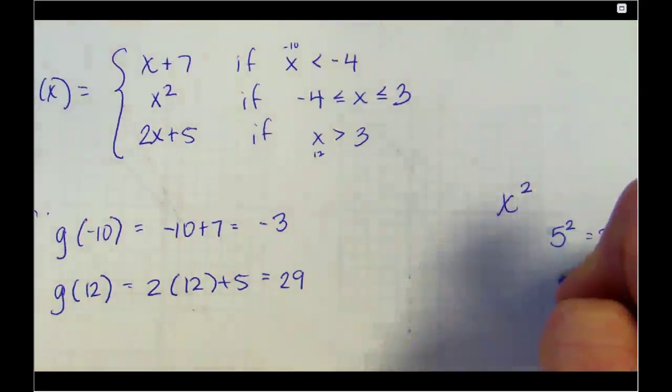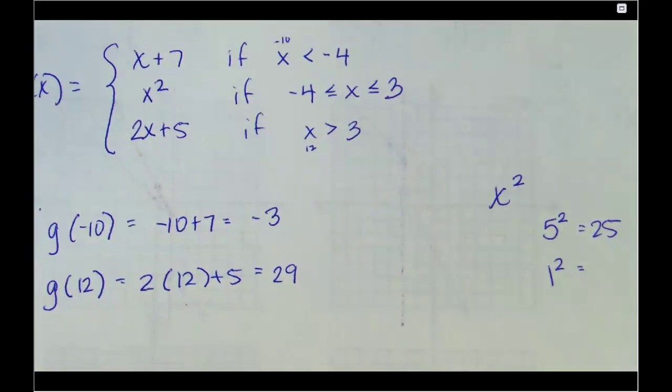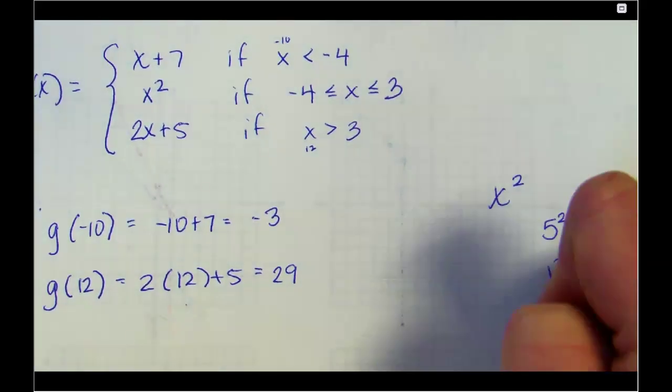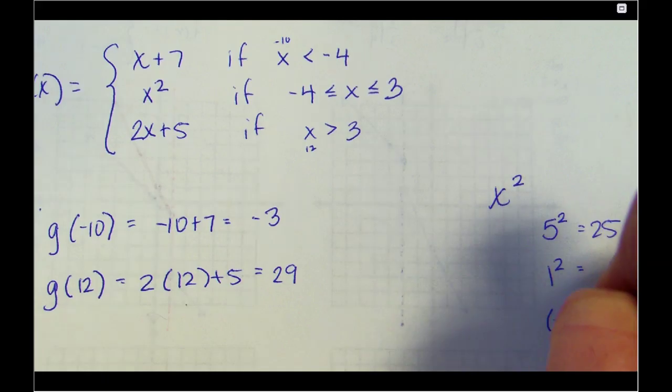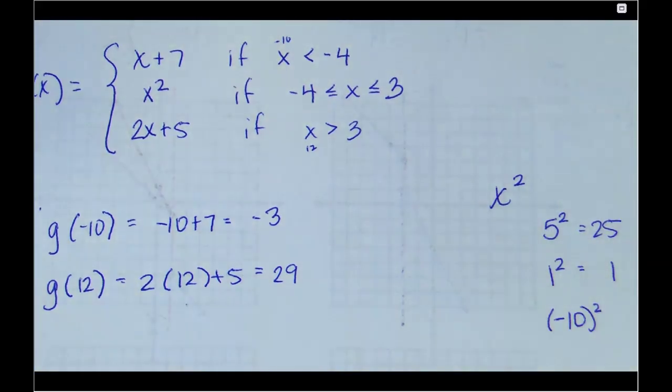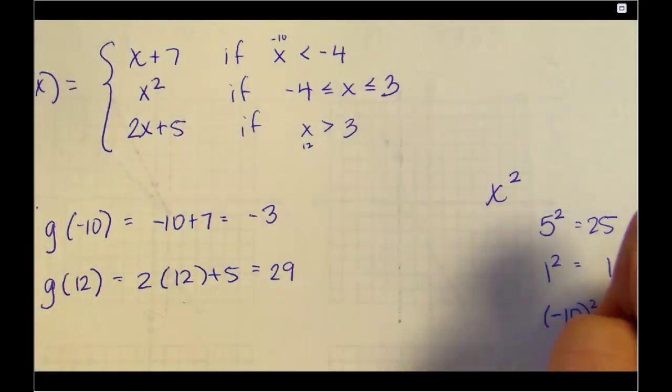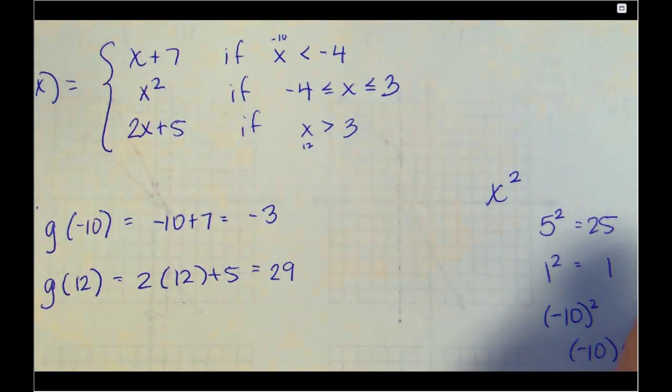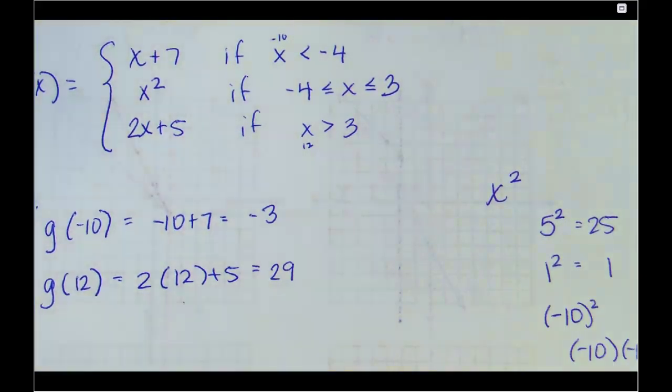How about 1 squared? Yeah, this is 1 times 1. Okay, how about negative 10 squared? Is it positive 100 or is it negative 100? Correct. This is negative 10 times negative 10, which is positive 100.